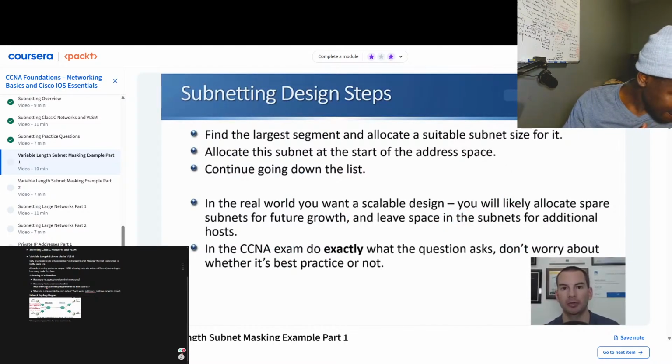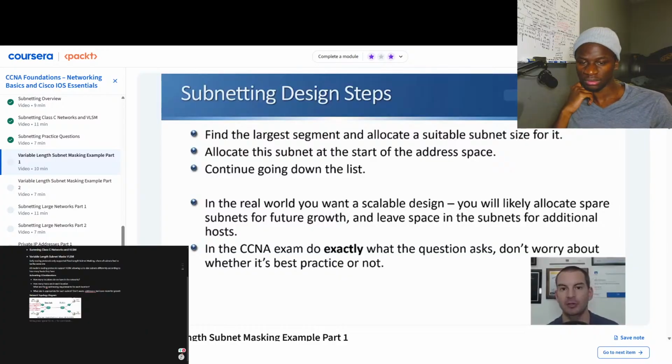So now we need to think about how are we actually going to design this, and the steps that you work through.